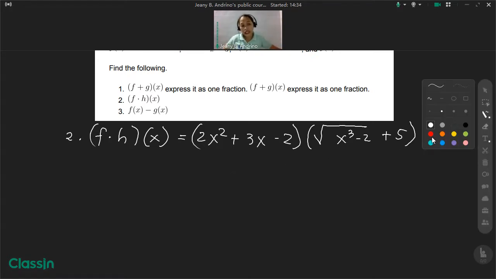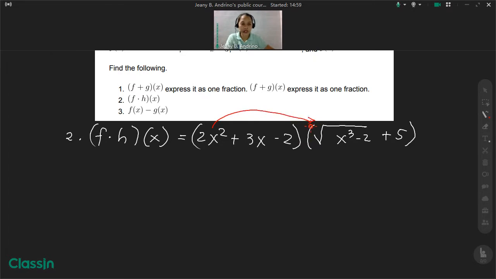So I'll just choose the first one, f of x, so that you'll get used to the process that you will be distributing the first function like that. So it's really fine. So we'll start with this one. That would simply mean that we've got 3 terms to distribute to the other term. We have 2x squared.